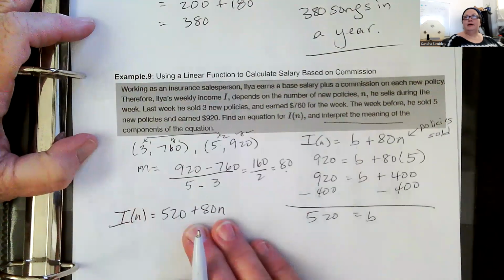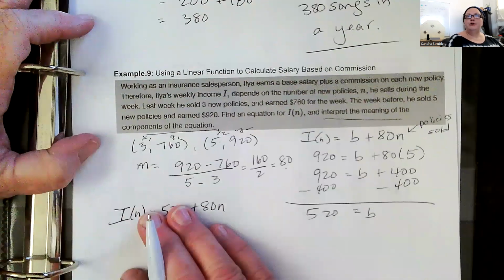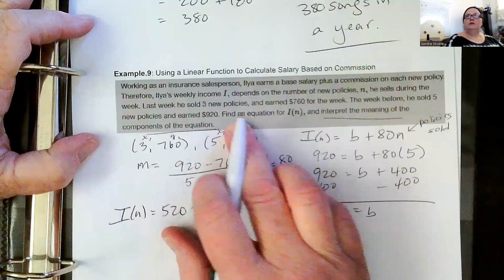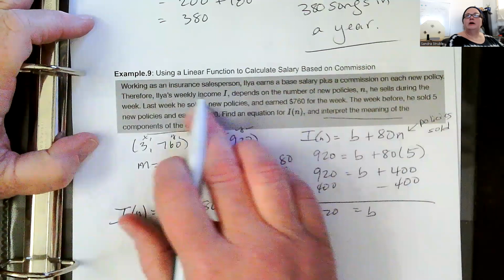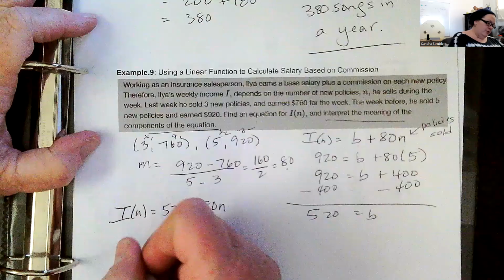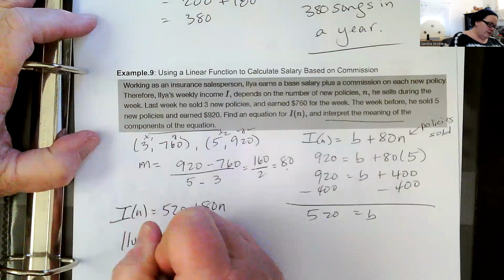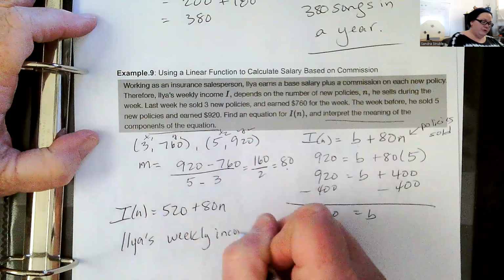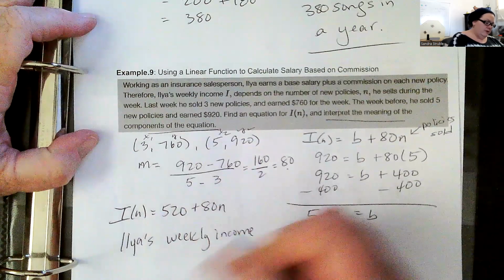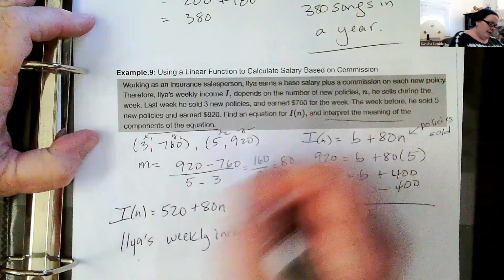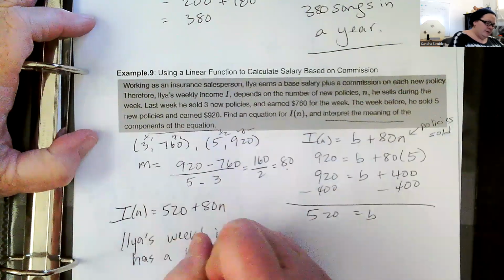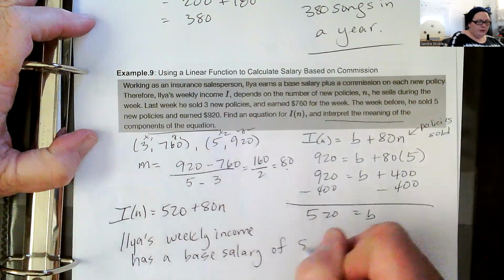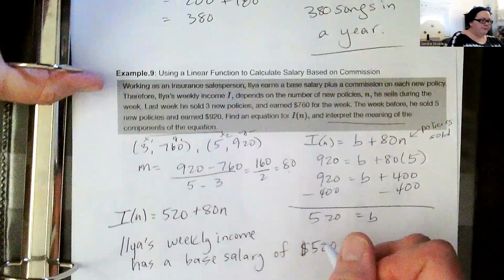All right, and that's what the interpretation means. Read this as the language it is. So what does I of n represent? I have n. It's his weekly income. So Ilya's weekly income. I'm using their words. And then he has a base salary of, don't forget, correct units here, $520.